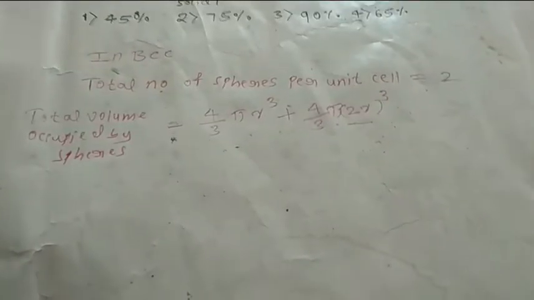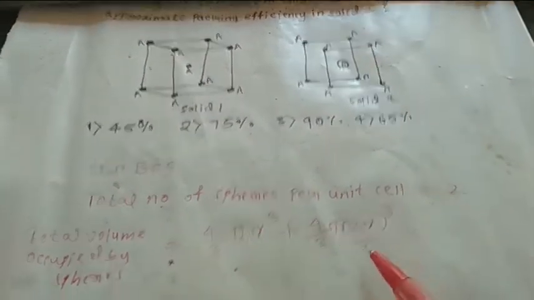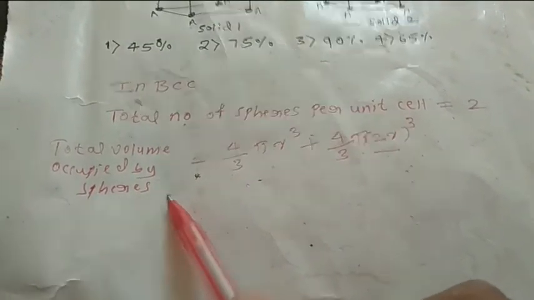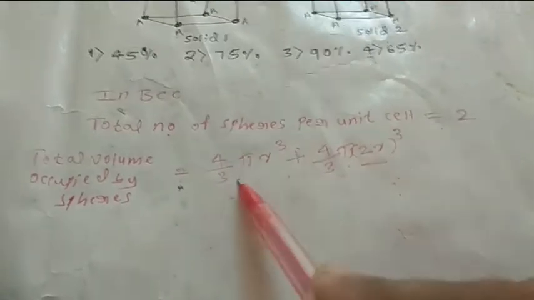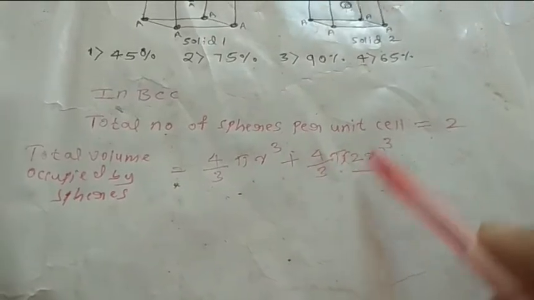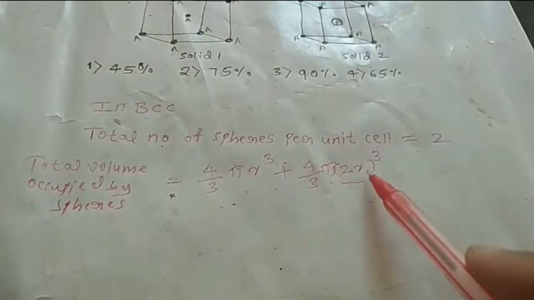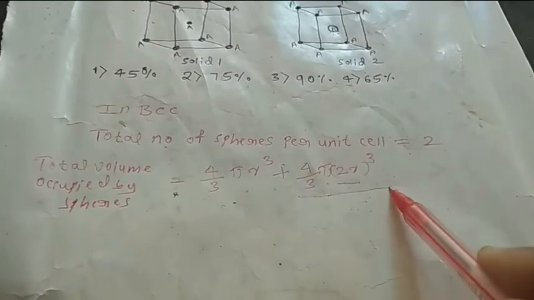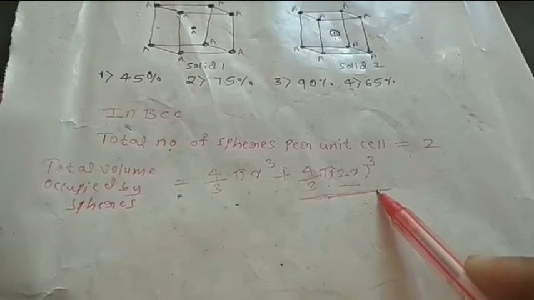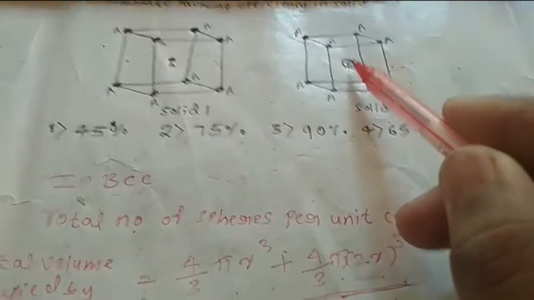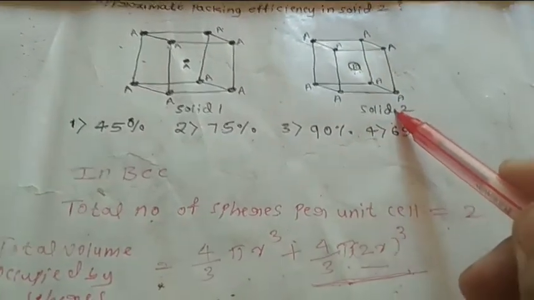In the question, they are asking to calculate the packing efficiency of solid 2. The total volume occupied by spheres in solid 2 is equal to 4 by 3 pi r cube plus 4 by 3 pi 2r whole cube. Why did I change r to 2r? Because this volume is the volume of the sphere present at the center of the body of a unit cell in solid 2.